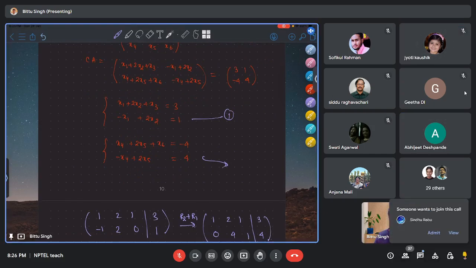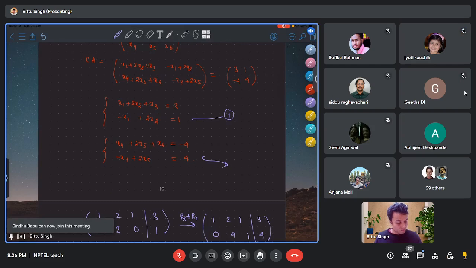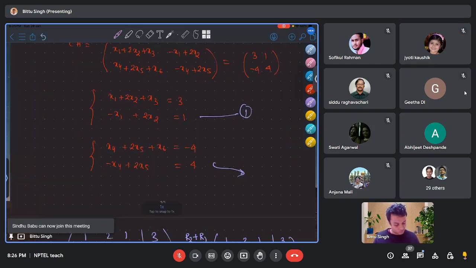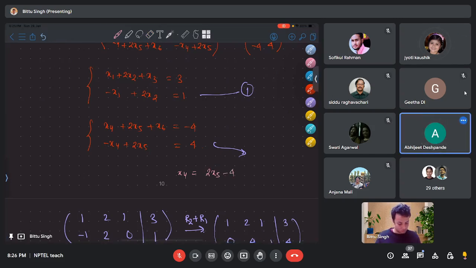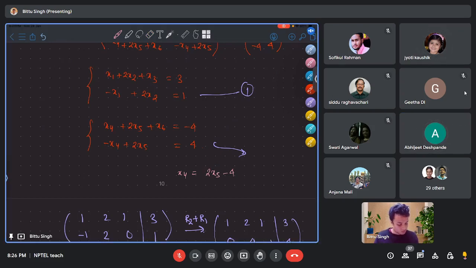For example, without doing those operations, you can easily get them for these types of cases, because here you can see that x4 is the same as 4 minus 2x5 minus 4, minus 2x5. Yes, it is correct. And similarly, set x5 to s.